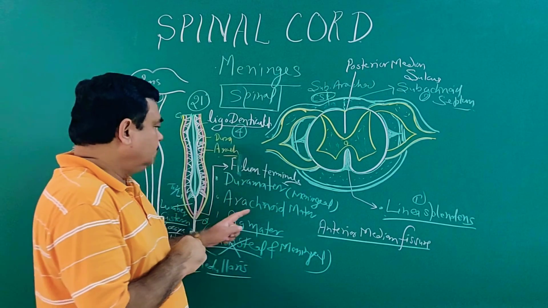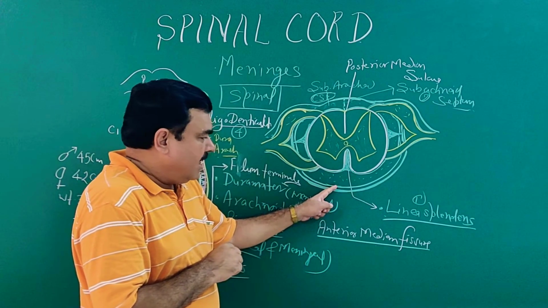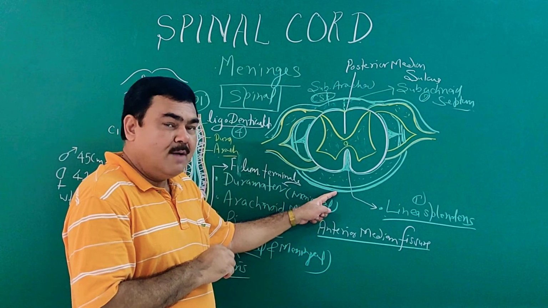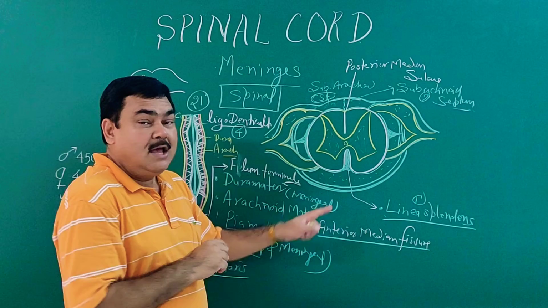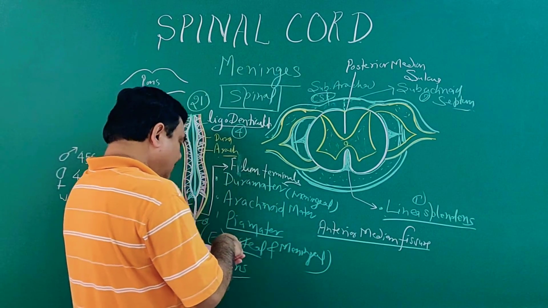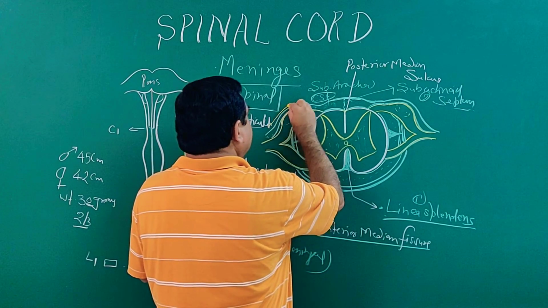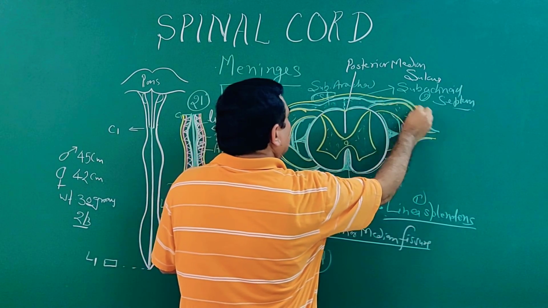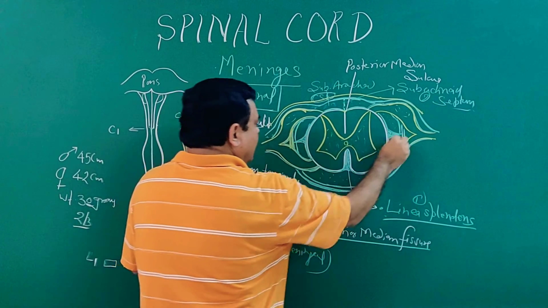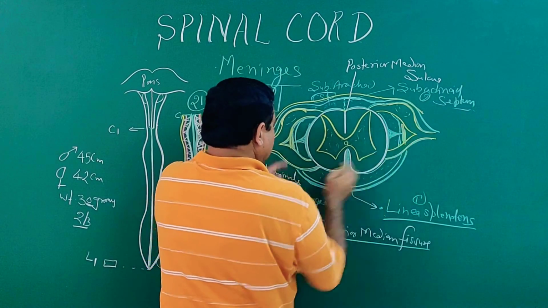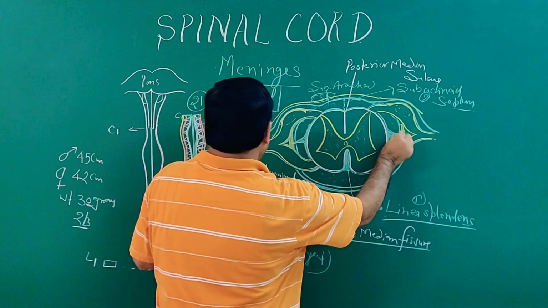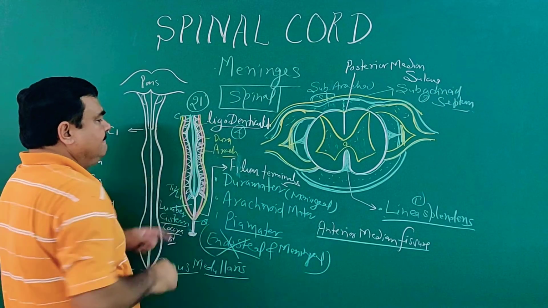So this is the arachnoid, and the outermost layer is the dura mater. This is the outermost layer, the dura mater. On the lateral side, this ligamentum denticulatum is attached with the dura mater.